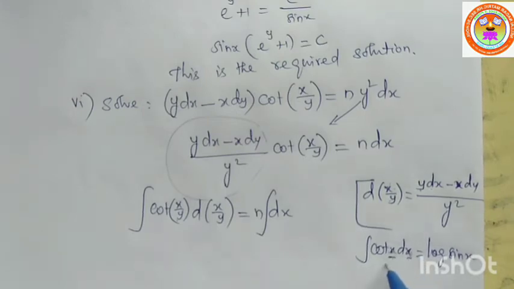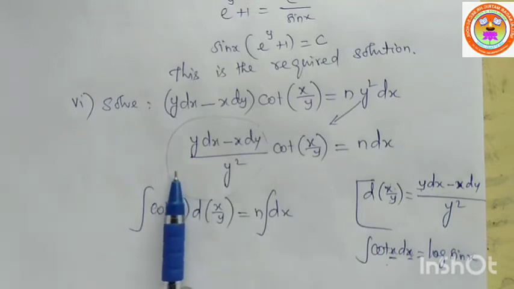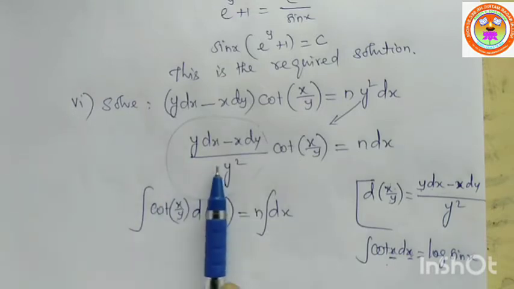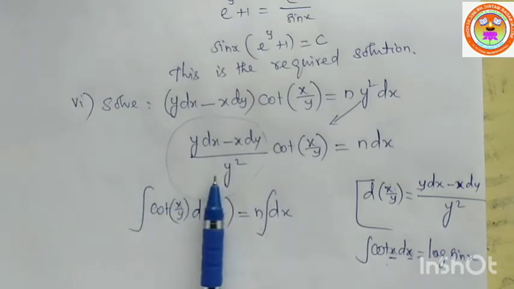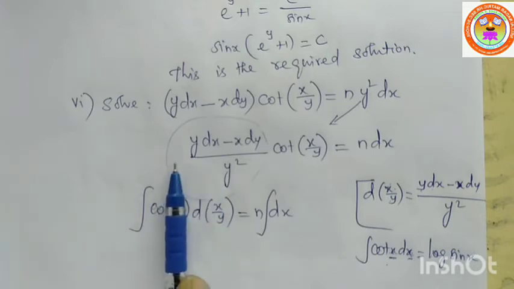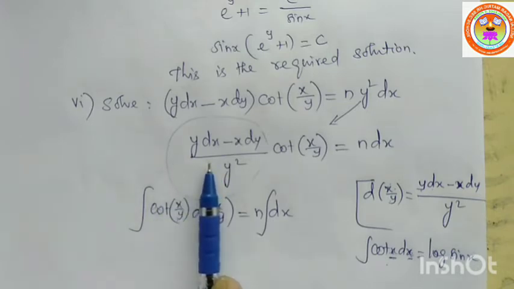Suppose we have t: cot t dt gives log of sin t. In a similar way, here we have cot of x by y into d of x by y. In place of x, here we have x by y, so it is the same as cot x into dx, and cot x dx is log of sin x.